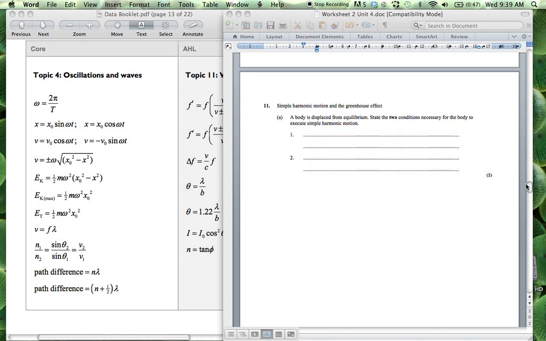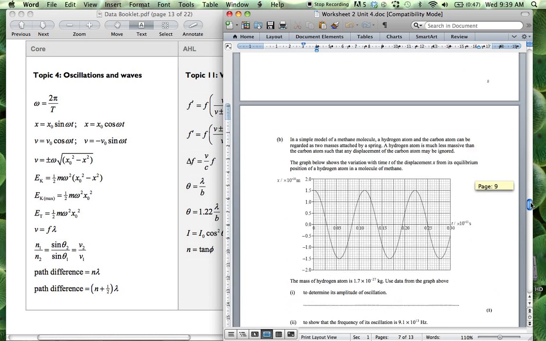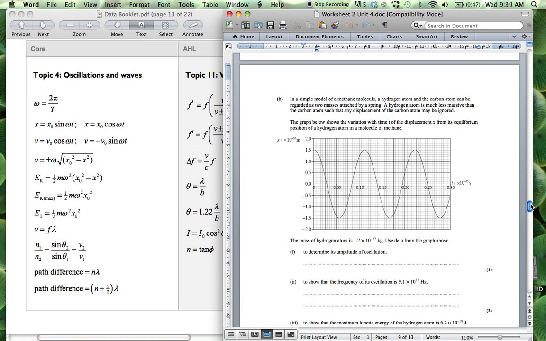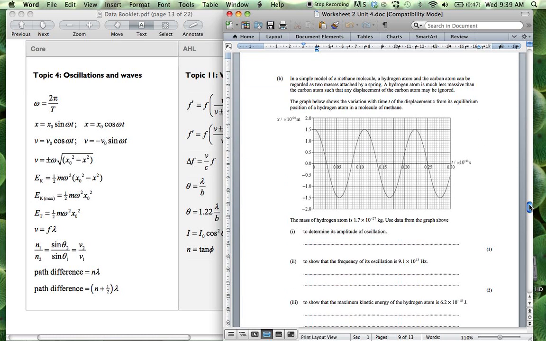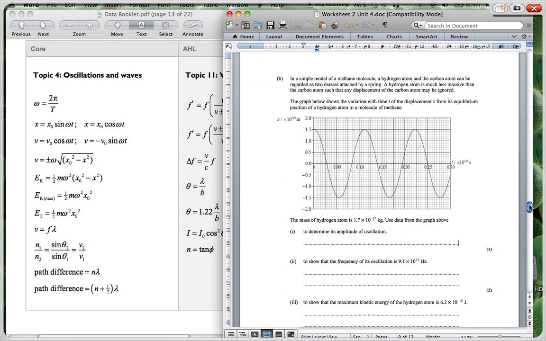Okay, so going down to this next question here. Let me just bring that a little bit further up. So in a simple model of a methane molecule, now you don't really need to know what a methane molecule is, but it just explains that a hydrogen atom and a carbon atom can be regarded as two masses attached by a spring.